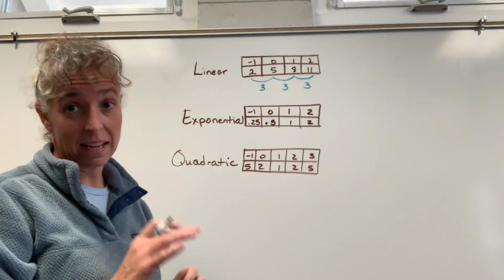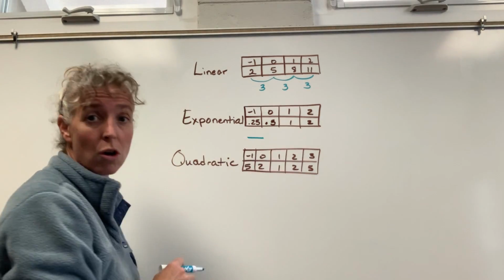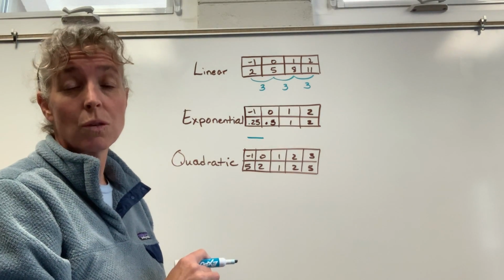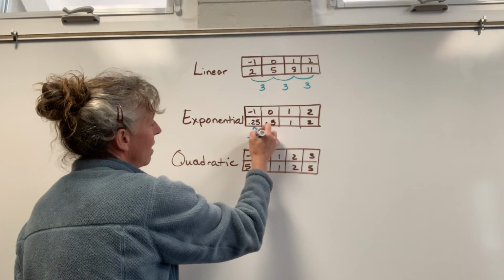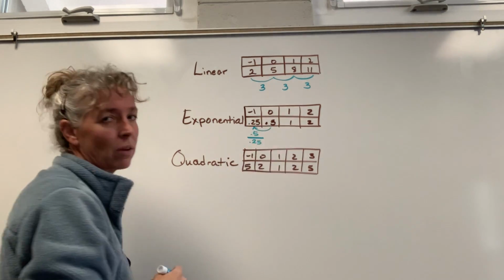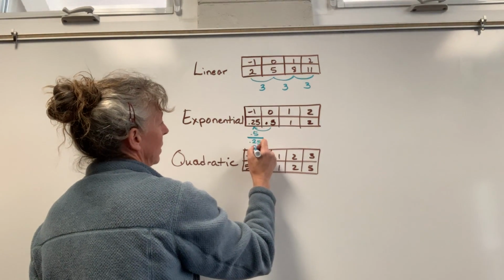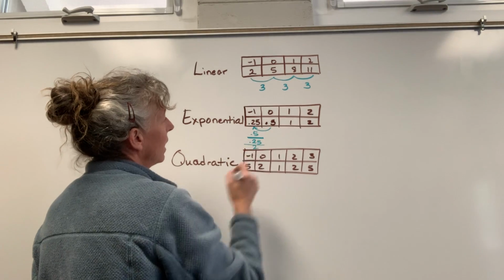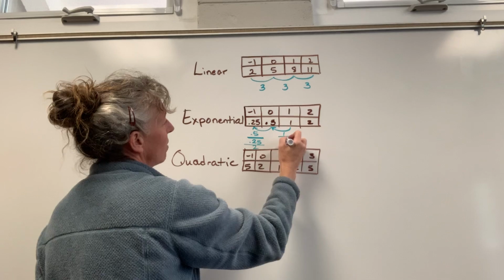To test for an exponential function, you use ratios. Remember, a ratio is something over something. So to do a ratio, we just do this one over this one. So 0.5 over 0.25, okay? 0.5 over 0.25 is the number 2. I ran out of room, but I'll just put it right there, okay? Now let's do a ratio this way. Let's test it. 1 over 0.5.